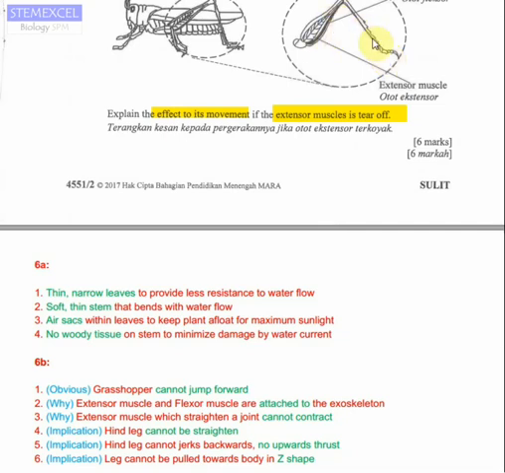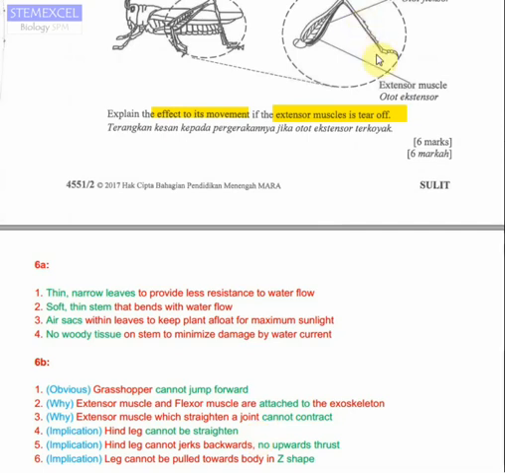Following that, another reason is that the extensor muscle, which straightens a joint, here, can no longer contract. And what is the implication of that? The grasshopper is unable to contract the muscles in the leg. So first, the hind leg, which is this one here, can no longer be straightened.